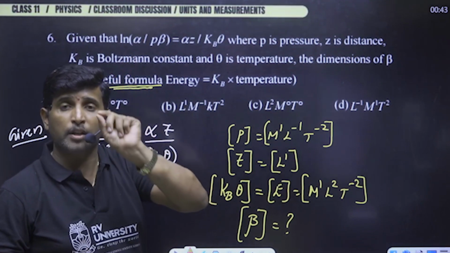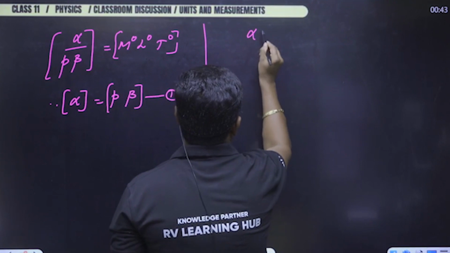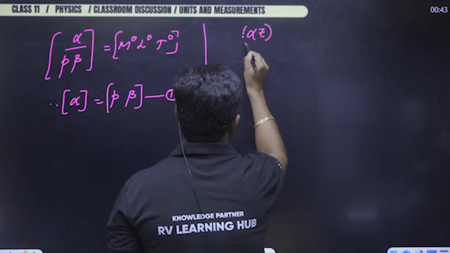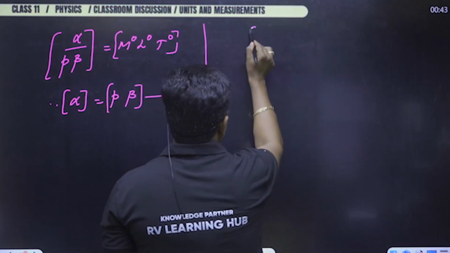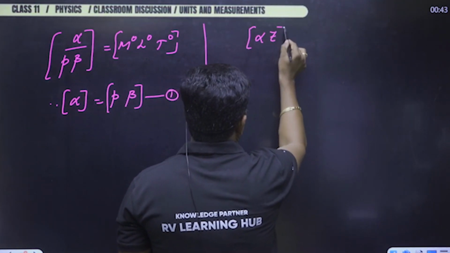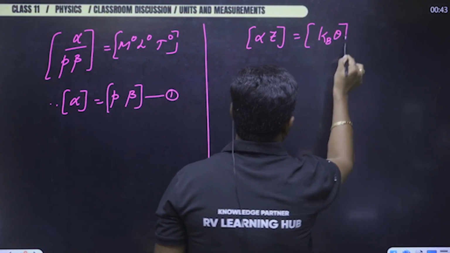It is a dimensionless number. Therefore we can say that the dimensions of alpha into z must become equal to the dimensions of kb into theta.